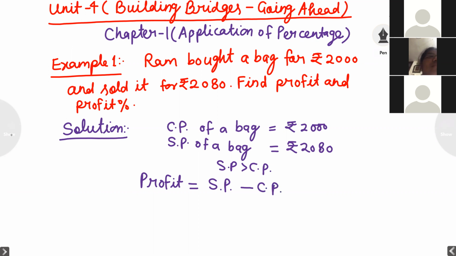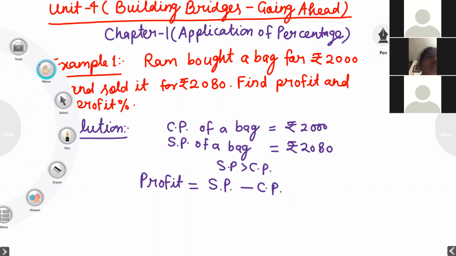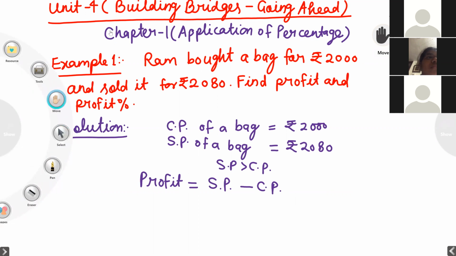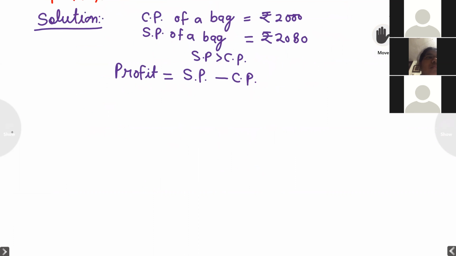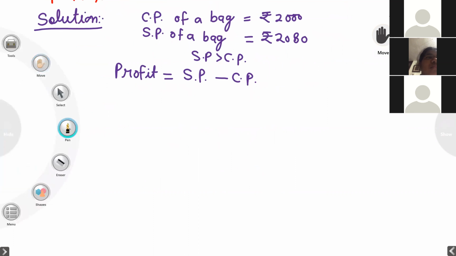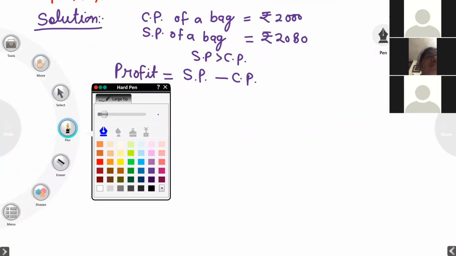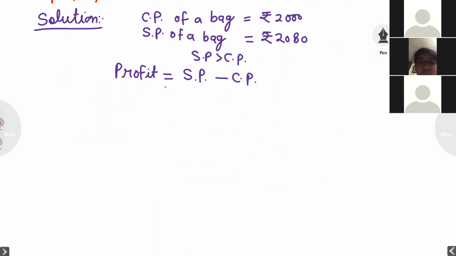I want to substitute the values. What is the selling price? Rupees 2080 minus rupees 2000. How much profit are we getting? 80 rupees.